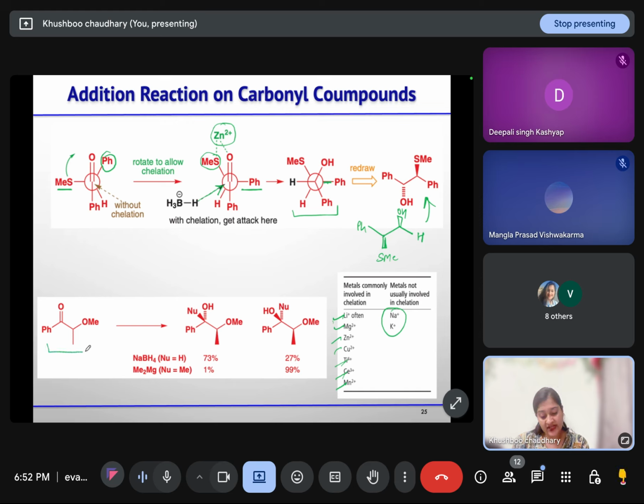So if you are treating this compound with sodium borohydride, you will get 73% of the Felkin-Anh compound and 27% of the other one. And if you are using dimethyl magnesium, then you will get the maximum amount of the chelated product, that is formed after chelation.